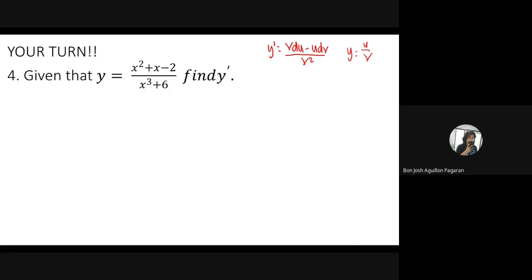Ay, haba pala nito. Si Ariel: negative x to the fourth plus 2x cubed plus 12x minus 6 over x cubed plus 6. Bakit siya minus 6?